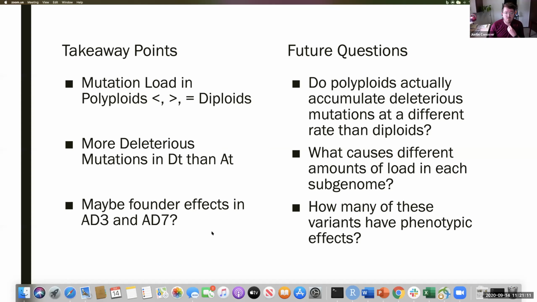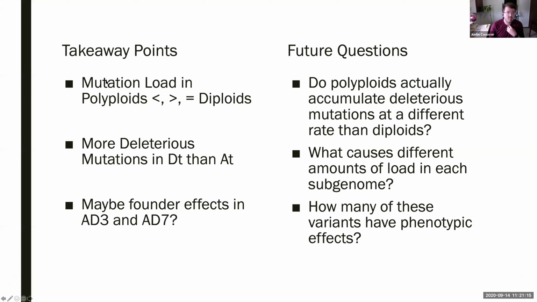I don't have the rates for the synonymous sites in the populations, but based on other gene evolutionary rate studies, there are pretty equal evolutionary rates within the polyploid species. So we wouldn't expect that one subgenome is evolving faster than the other.